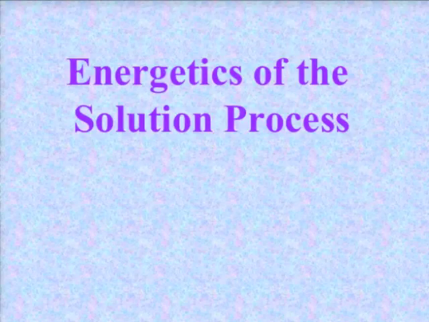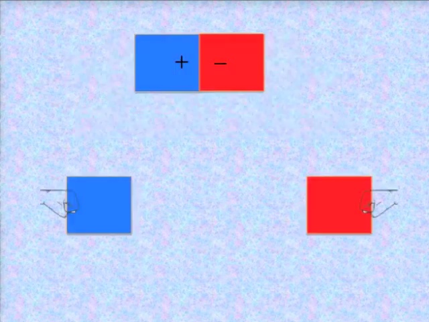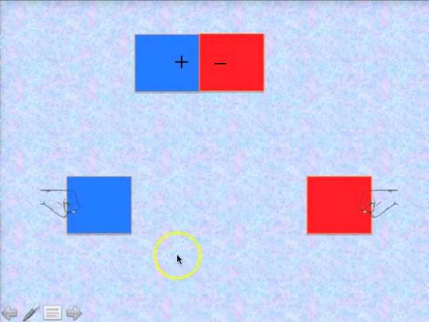Okay, so we're going to talk about the energetics of the solution process and get you thinking about charge density. But first, suppose you had the positive side of a magnet stuck to the negative side of a magnet. What do you have to do to break that attraction between the two magnets?